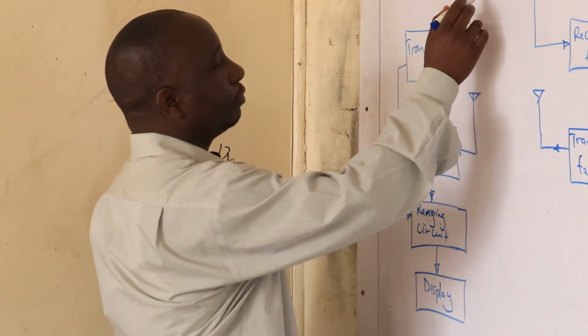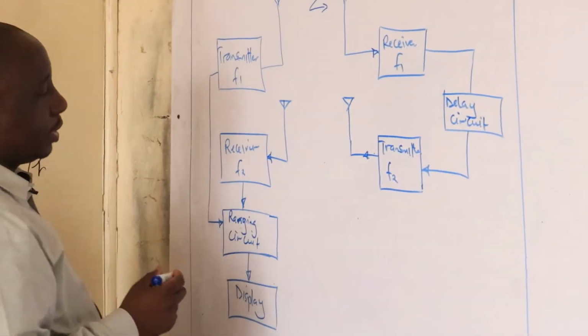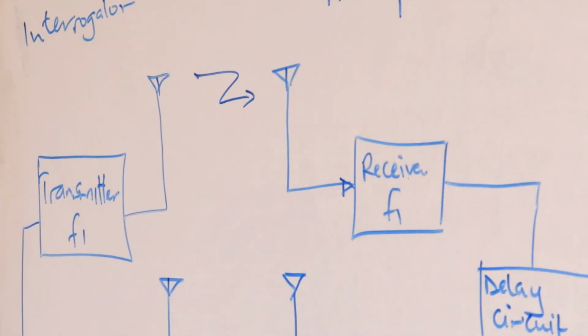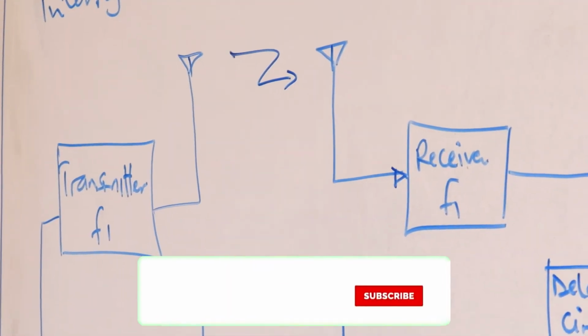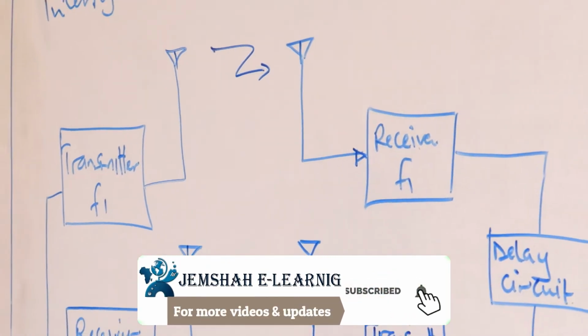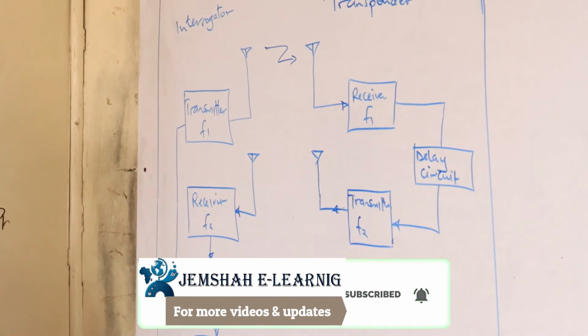So you normally have that is the direction of the interrogation to the transponder, and the transponder also sends back to the receiver of the aircraft, so that we are able to determine the range of the aircraft.